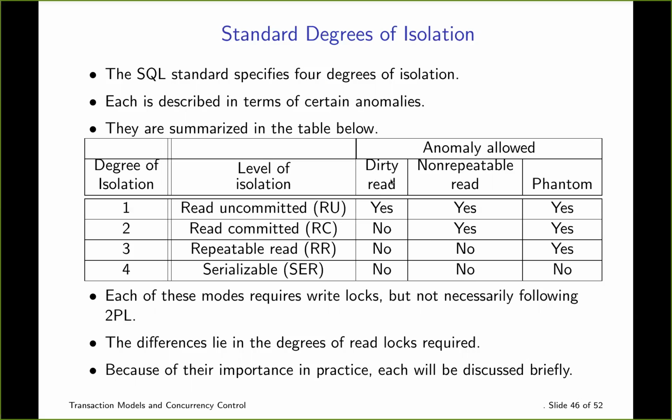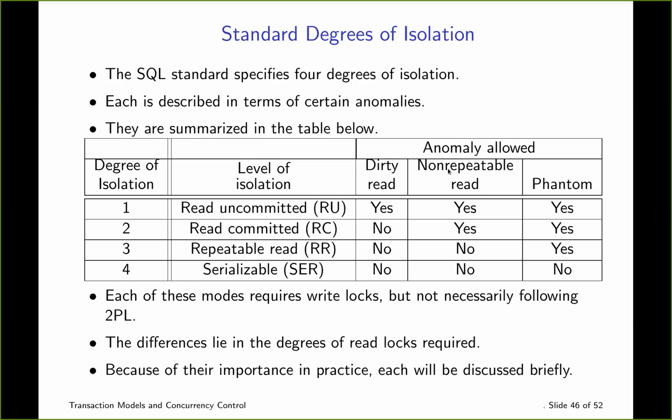The non-repeatable read is an issue where a transaction does a read, let's say it gets the employees, and then later in the transaction it says, okay, give me the employees again, and the set changed.